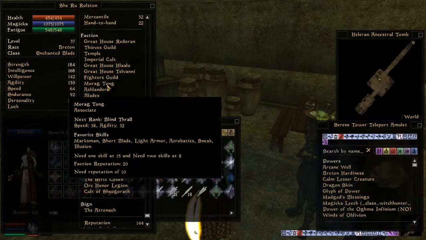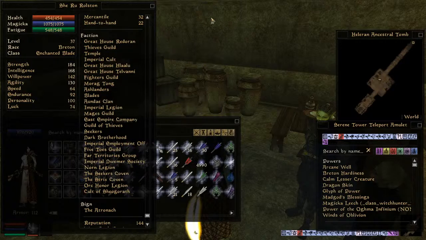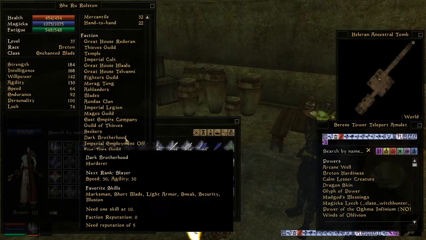Could be the Morak Dong, or could be Dark Brotherhood. I think it's the Dark Brotherhood.